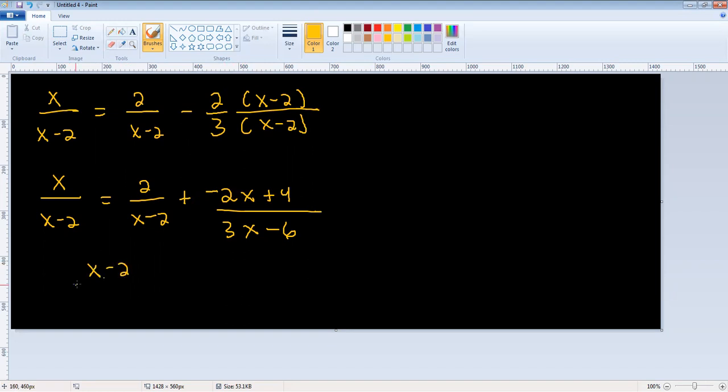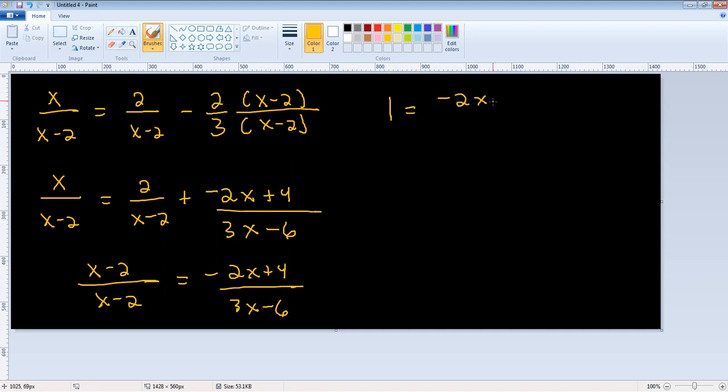So we have x minus 2 over x minus 2. And we have negative 2x plus 4 divided by 3x minus 6. Well, this technically is 1 because it's the same thing over the same thing. So we have 1 is equal to negative 2x plus 4 divided by 3x minus 6.